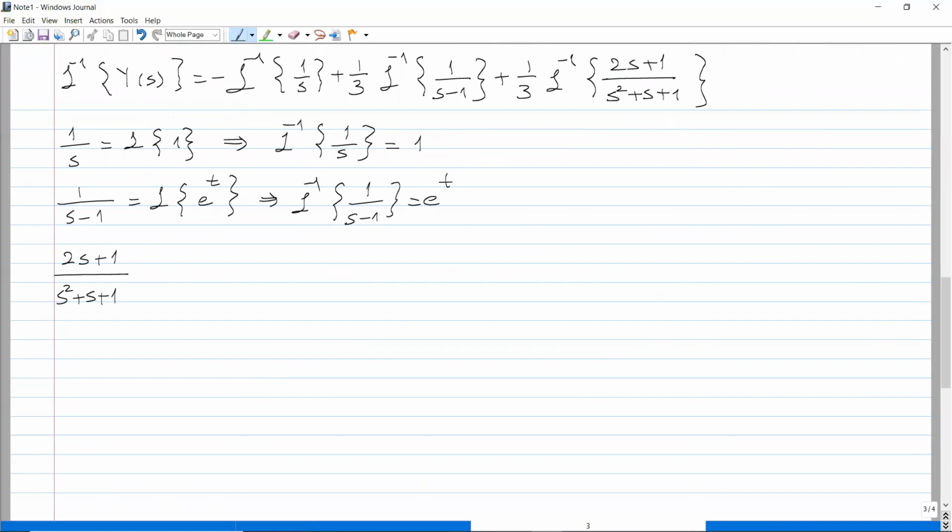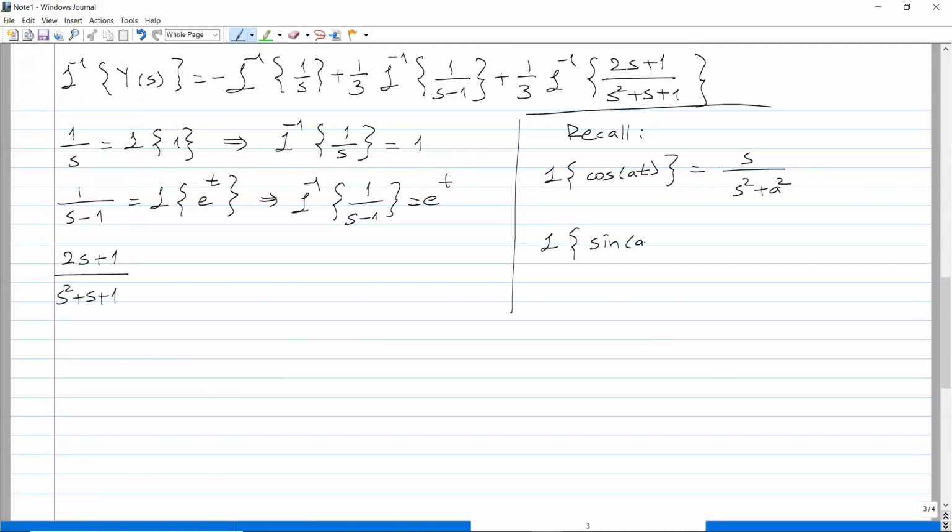Now you see, in order to see this as the Laplace transform of something, I shouldn't have this s term. I need something squared. This is going to be either sine or cosine, right? Okay, recall. Let me open a box here, recall. Laplace transform of cosine at is s over s squared plus a squared. Laplace transform of sine at, a over s squared plus a squared.